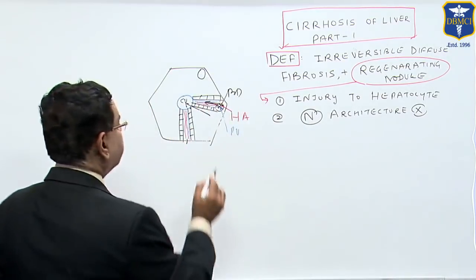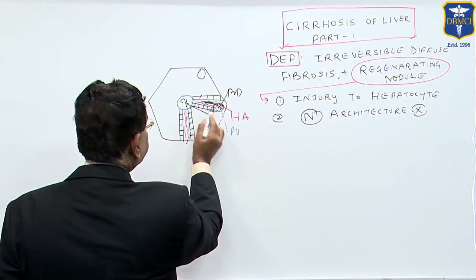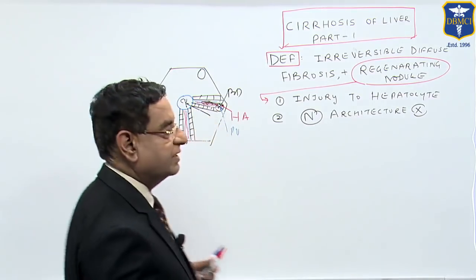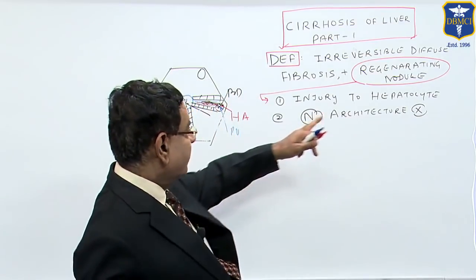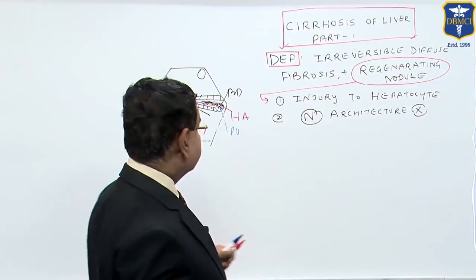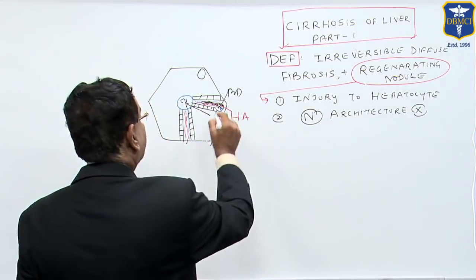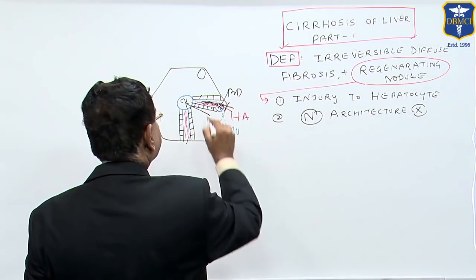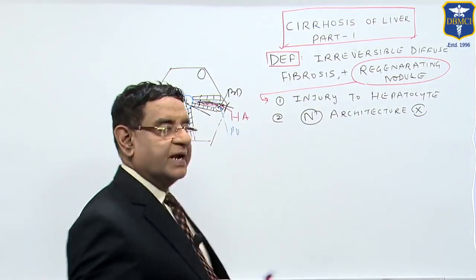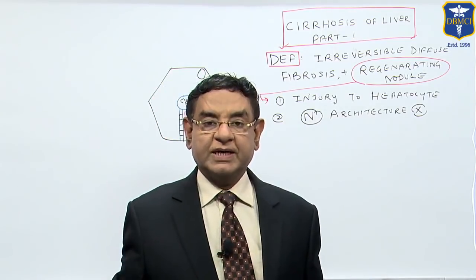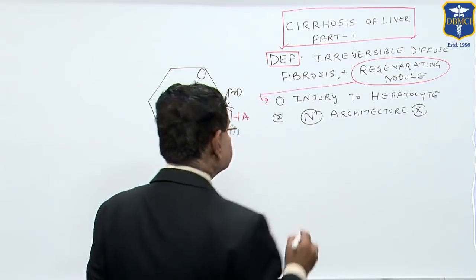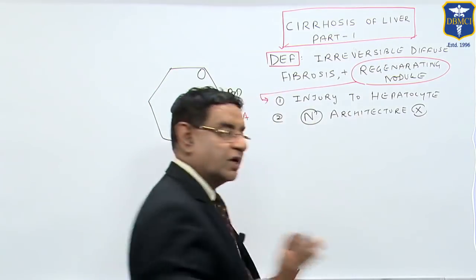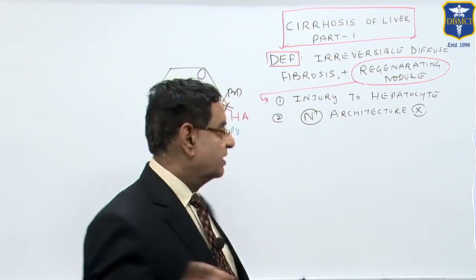So there is a mixing of the arterial and venous blood in the normal sinusoid. Now as these nodules are regenerating, they do not have this portal triad, and at times they don't even make sinusoids. So they are not having the normal architecture.